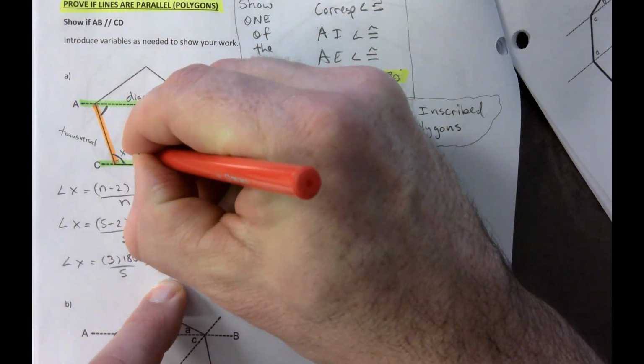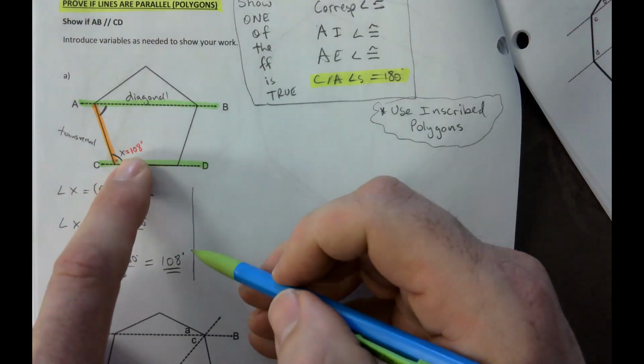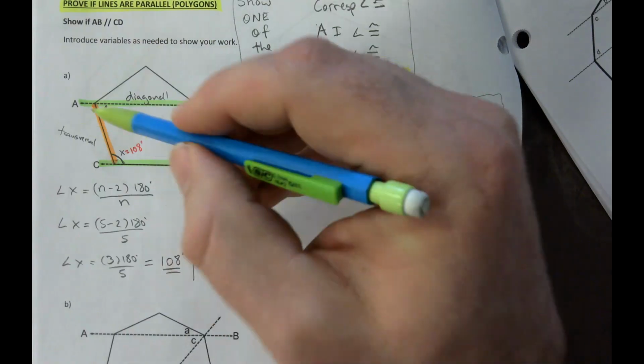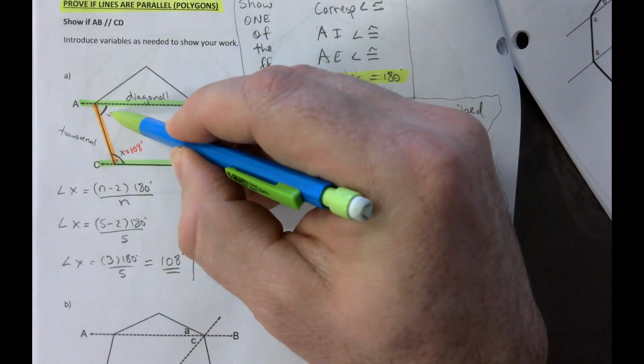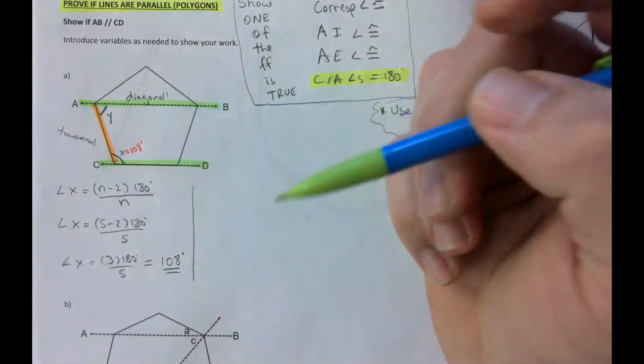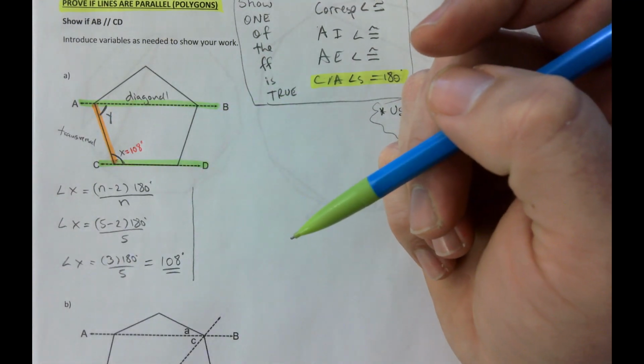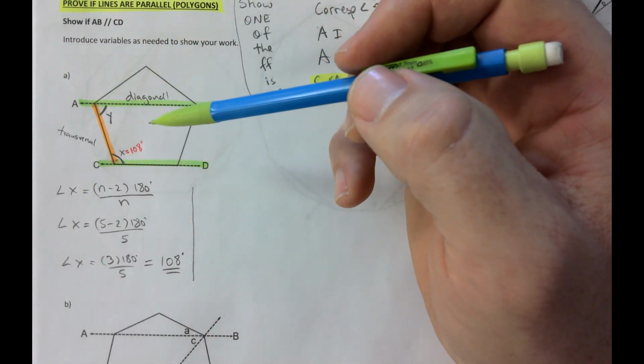If you want to use a red pen or something, I like to always add what I have figured out in a different color because it wasn't there. Boom, you found that. Now let's call this y. How do we find y? Inscribed.